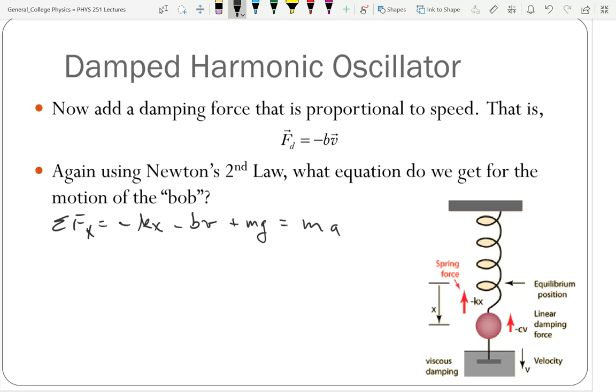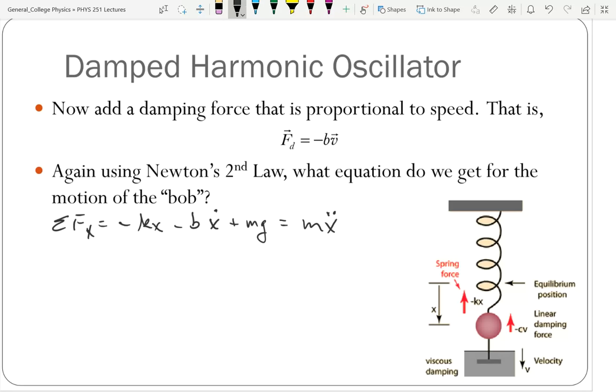Okay, the V. So I'm going to now use the notation we use in physics class for calculus to make life easier. A dot over it means a derivative with respect to time. So X dot means dx/dt, which is what V is. X double dot is d second x dt squared.